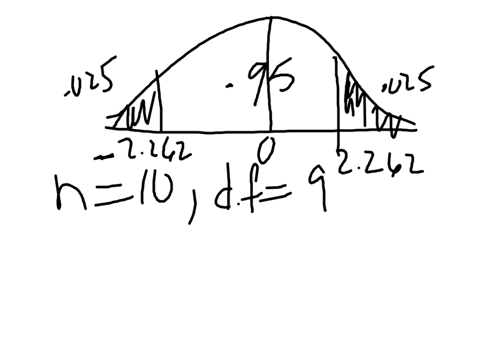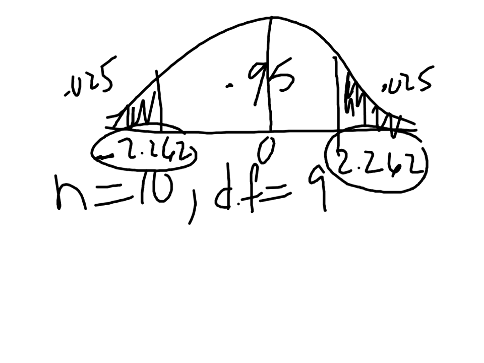Remember, there's symmetry with our distribution here. Even though we've got a small sample size, we assume that there's symmetry. So whatever value on a two-tailed test that we get on the right side, of course, will be the same value on the left side.